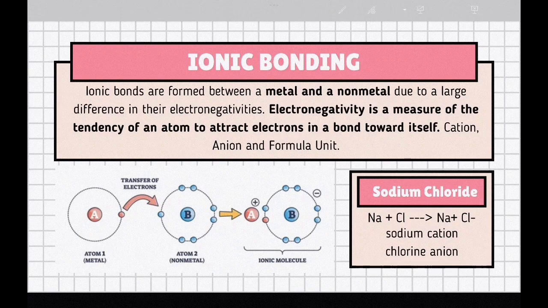The Na, or sodium, is considered a metal, and the chlorine is considered a non-metal. That is why when you combine them, this is called ionic bonding, because it is a combination of metal to non-metal, where the metal transfers its electron to chlorine to complete its valence electrons.